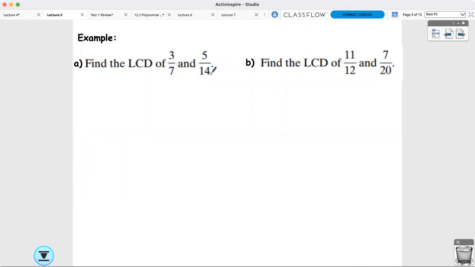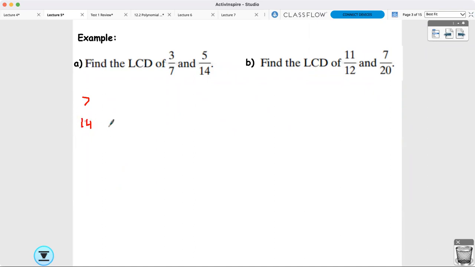All right, so finding the LCD of two fractions, class, is essentially finding a common denominator. We write down the two denominators, 7 and 14, and our goal is to find the ones that match. In this method, we use the largest denominator first.